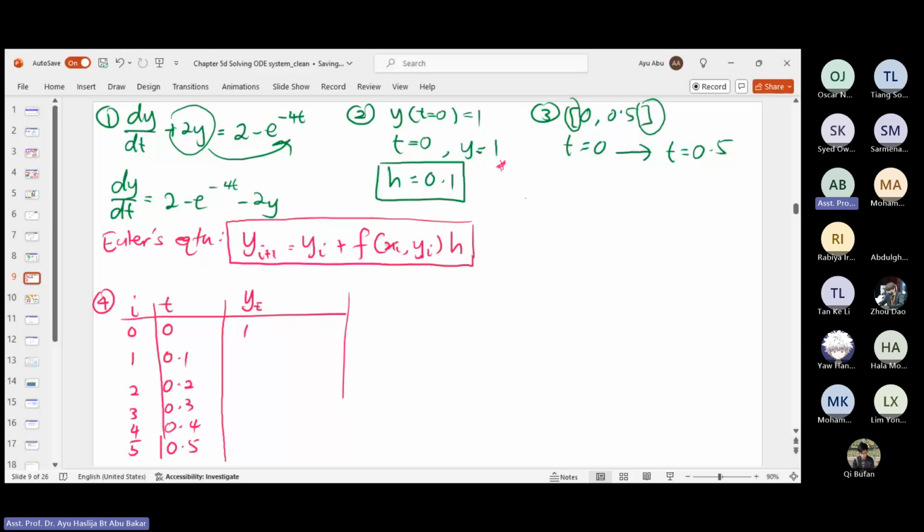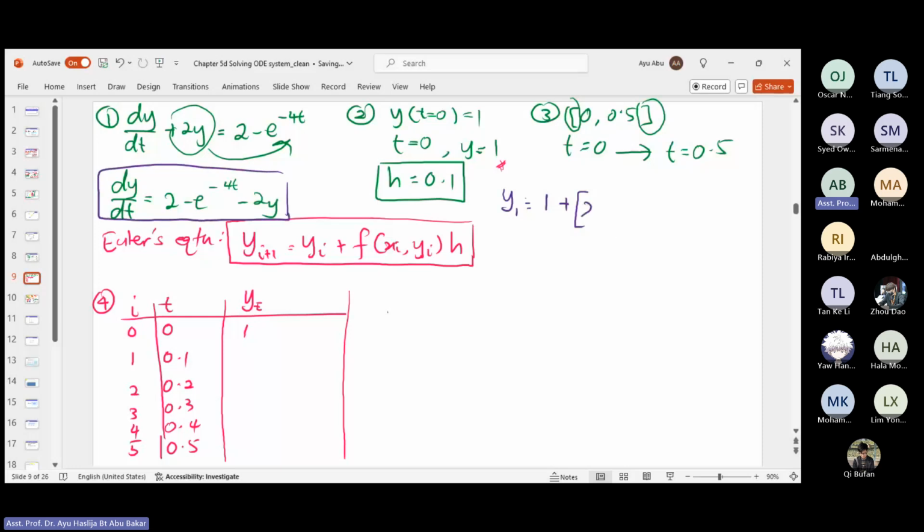Okay, now let's calculate for y1. So y0, which is 1, plus the dy dt value, which is this equation.